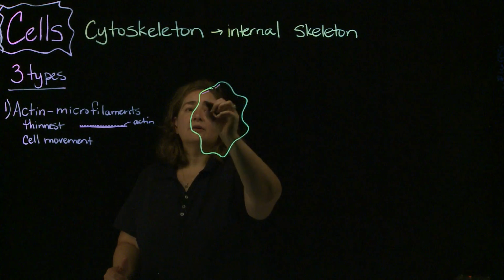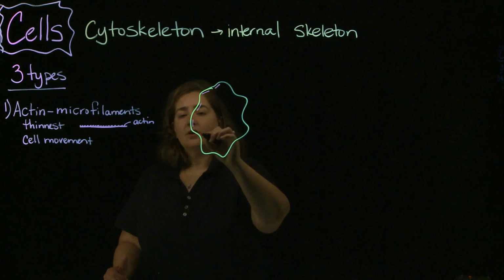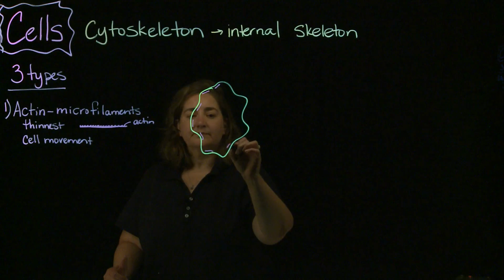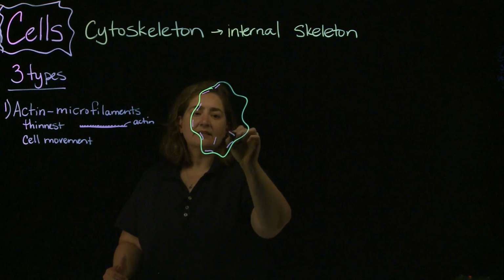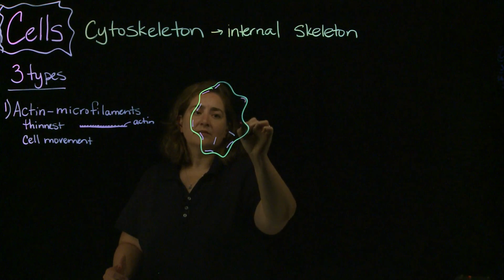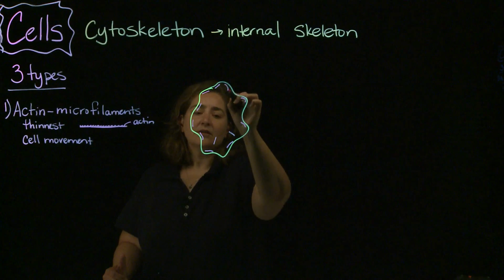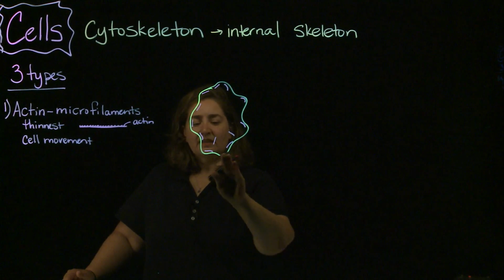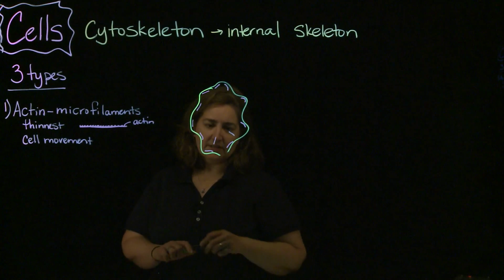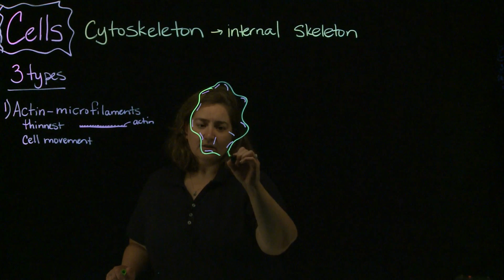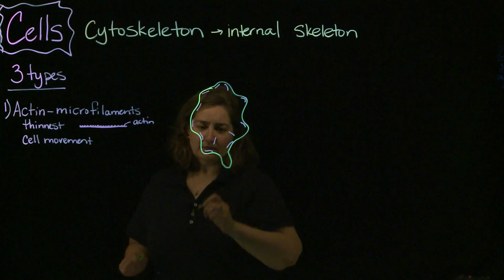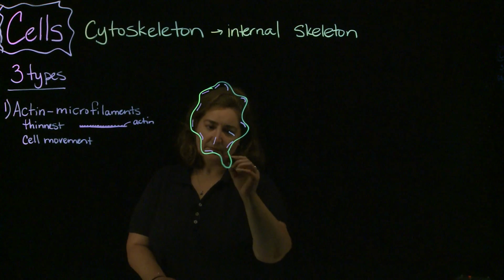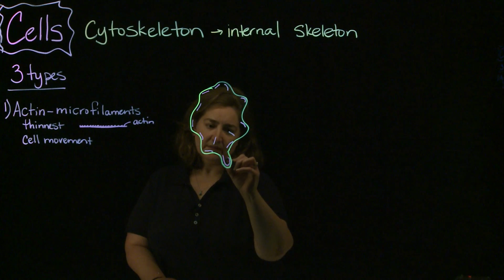Actin is going to kind of run right along the cell membrane. You'll have some that'll extend into the cytoplasm as well, all right? But what those actin microfilaments do is they push on the cell membrane to extend the cell membrane out, okay?